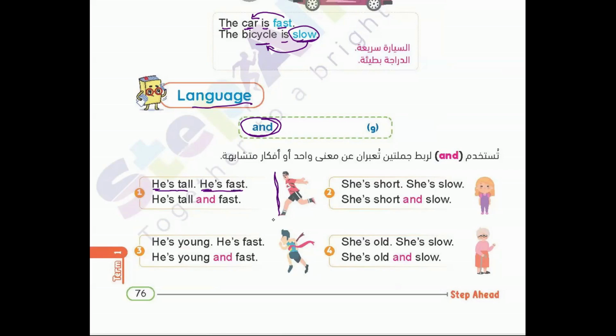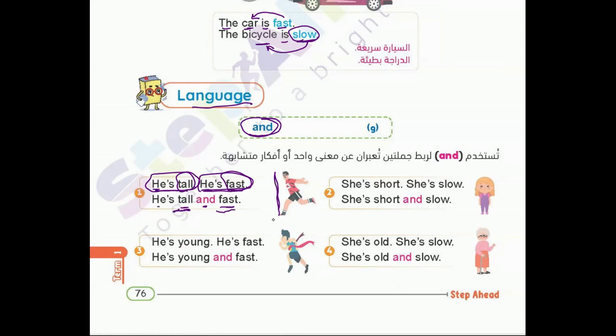So here, instead of using two sentences, I can just use one sentence with the two adjectives, tall and fast. Let's check how I can do that. He is tall and fast. So I replace these two sentences, he is tall, he is fast, with one sentence, using and between these two adjectives.